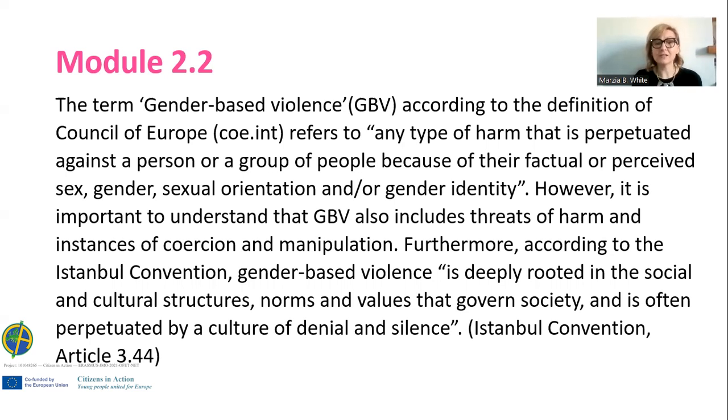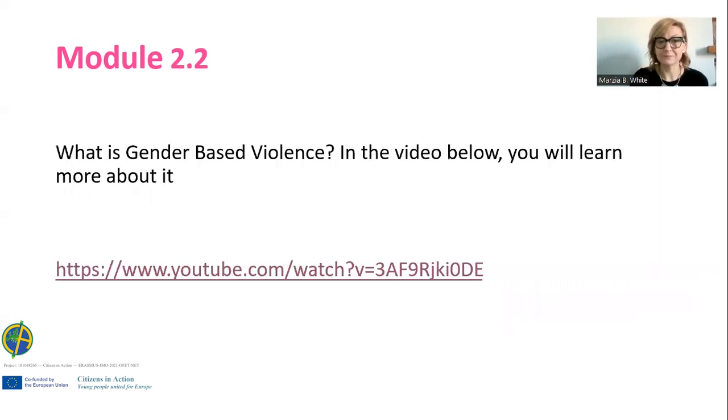Furthermore, according to the Istanbul Convention, gender-based violence is deeply rooted in the social and cultural structures, norms, and values that govern society, and it is often perpetuated by a culture of denial and silence. So to understand and learn more about it, we can have a look at this video below.